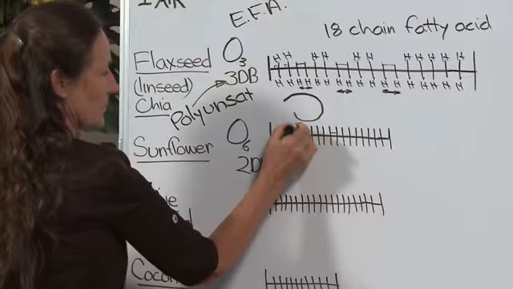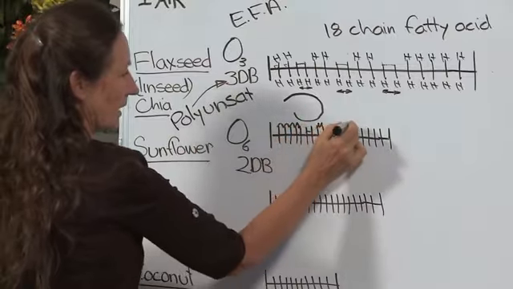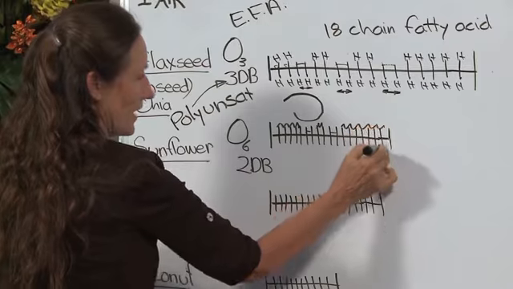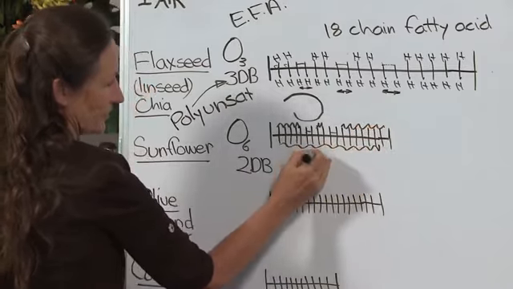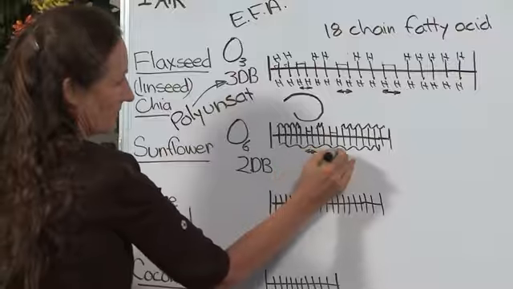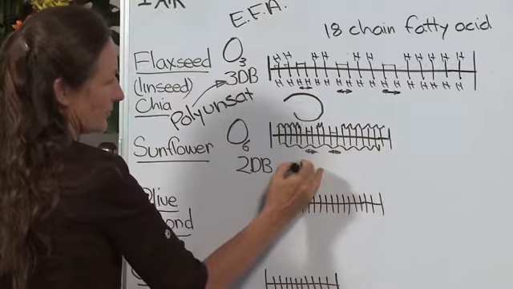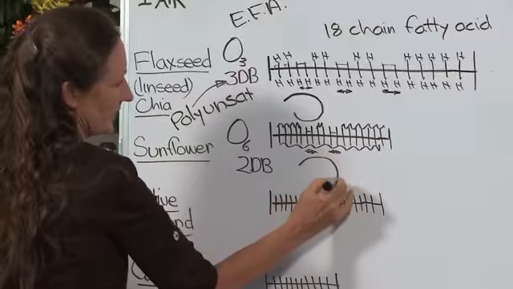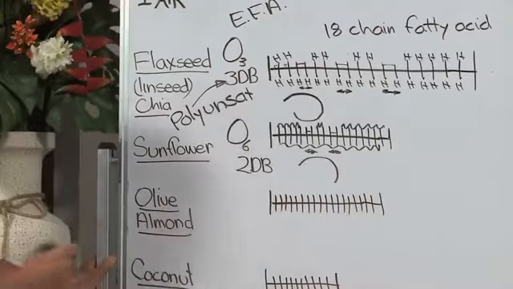Here's another one here. So we've got hydrogen atoms along here, and all along the bottom. And we've got 2 repelling actions here, always under the double bond. So that means we have 2 kinks in this fatty acid chain. It's not as thin an oil, but it is still quite a thin oil.